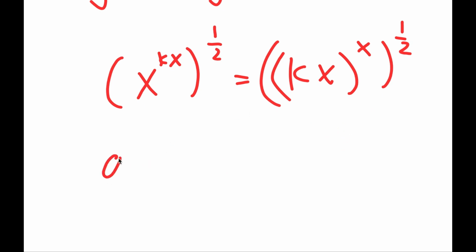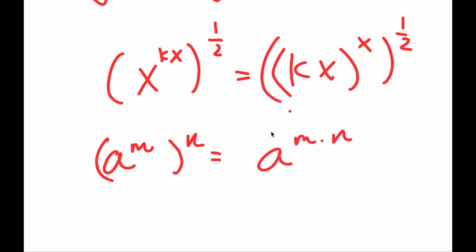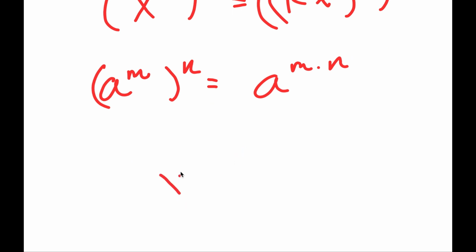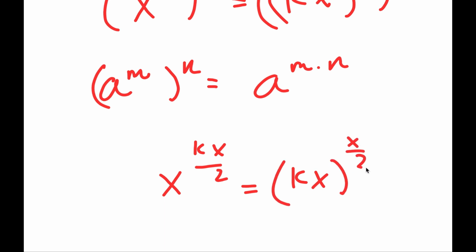And if I have something in the form a to the power of m to the power of n, this is equal to a to the power of m times n. So now I get x to the power of kx over 2 is equal to kx to the power of x over 2.